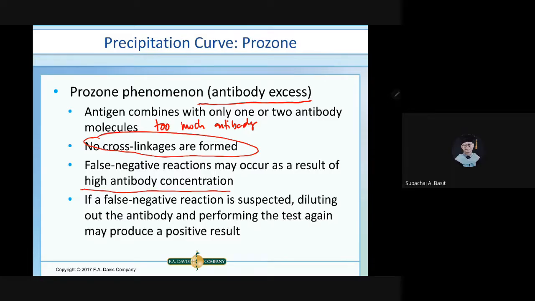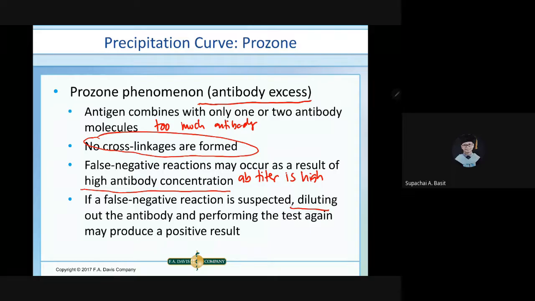Okay, high antibody concentration, or meaning to say, the antibody titer is high. So if you are suspecting that the serum you are assaying has a very high concentration of antibody, then dilution would be very important.